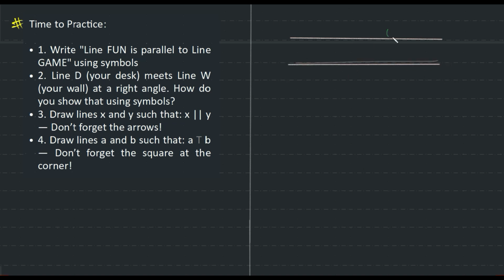I can call this line fun and this is game. They are parallel, so I'll indicate with, say, one arrow. In written form, it will be line fun is parallel to line game. Guys, I have not mentioned it, but please pause and try doing all of the questions.